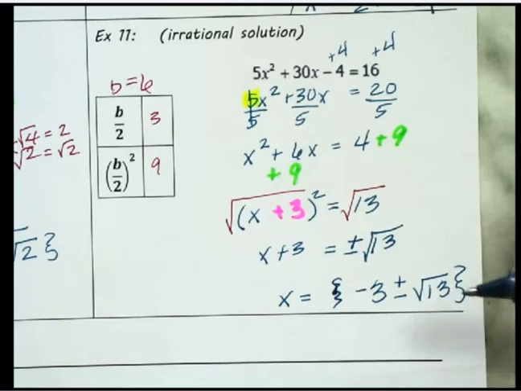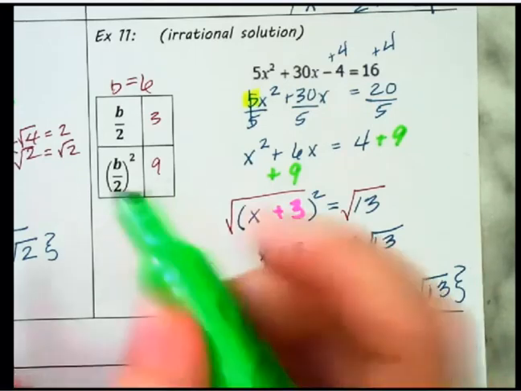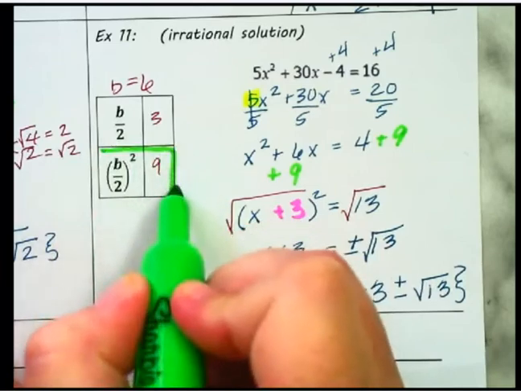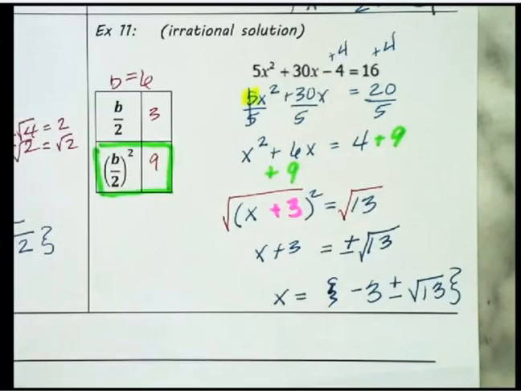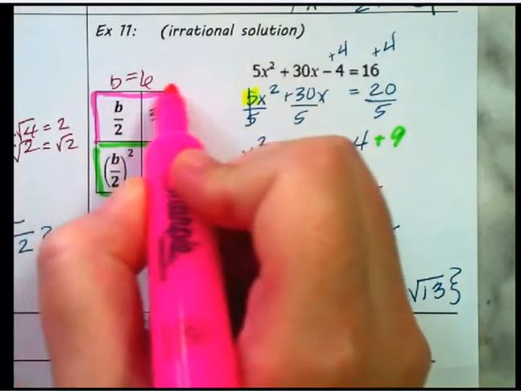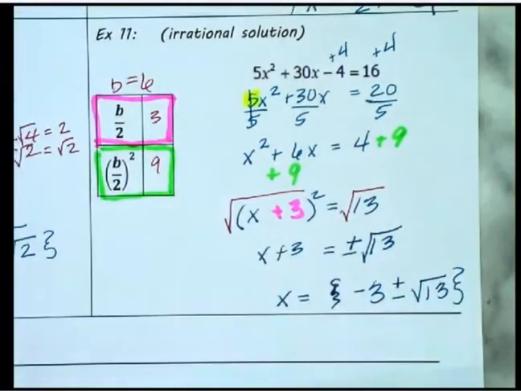And if you type that in the calculator, that's going to be a decimal that continues on and on forever and ever. Okay. All right, kiddos. And then the only thing I had forgotten to do here was to mark out. So green is what I'm adding to both sides. Pink is what goes inside my perfect square binomial.